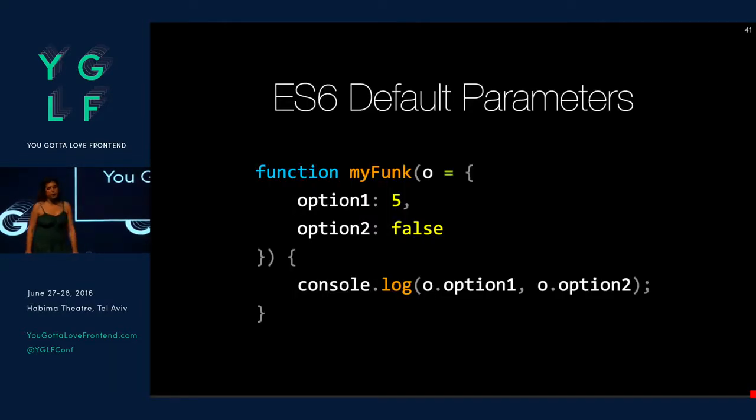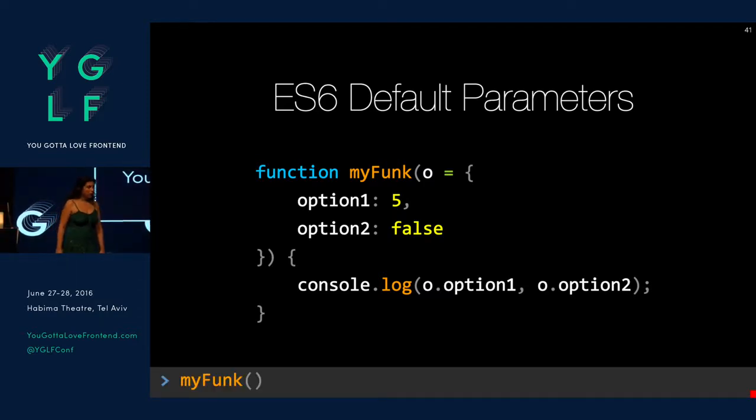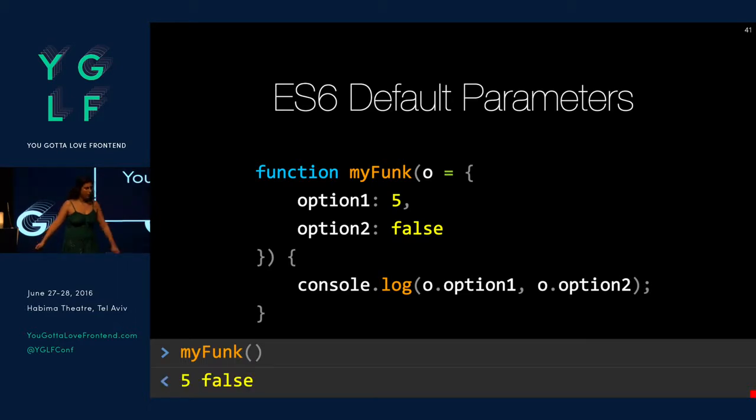And ECMAScript 6 makes it even easier to provide default values for parameters straight in the signature of the function. So here I have one parameter, the default value is an object, and this object has option 1 and option 2, which also have default values of their own. If I call this function without any parameters, I get the default values, no errors, nothing.